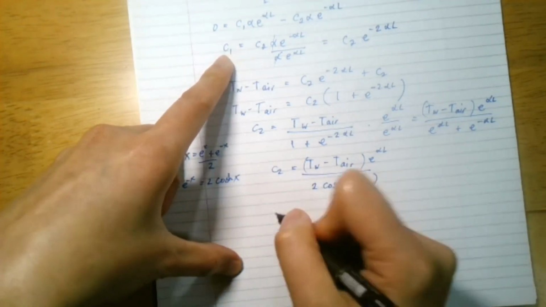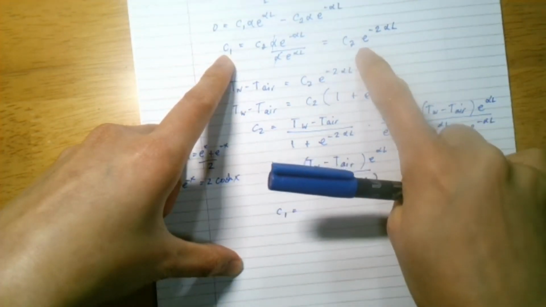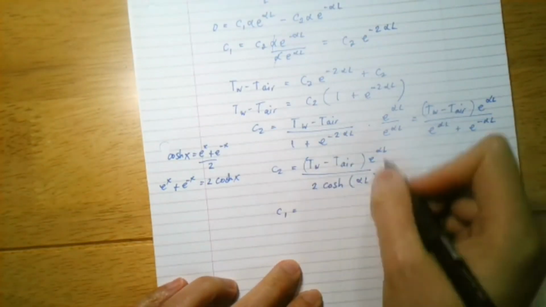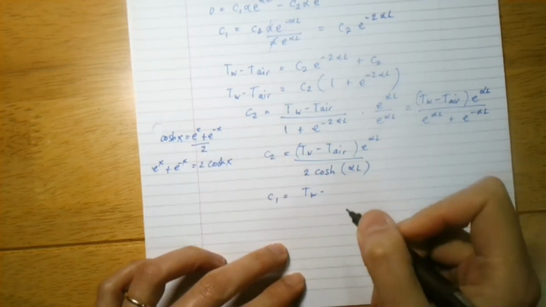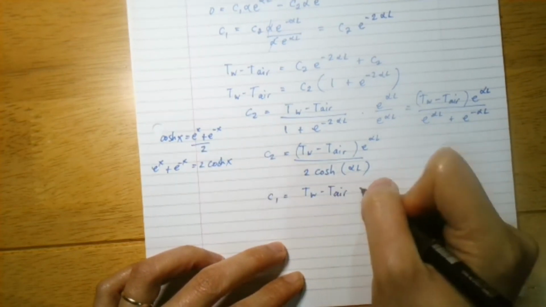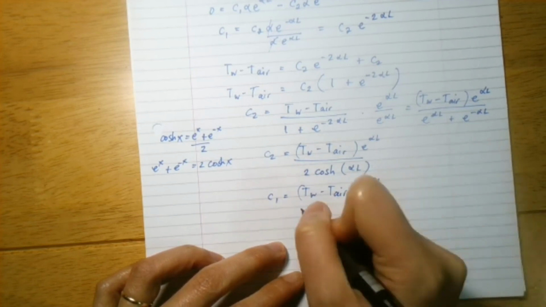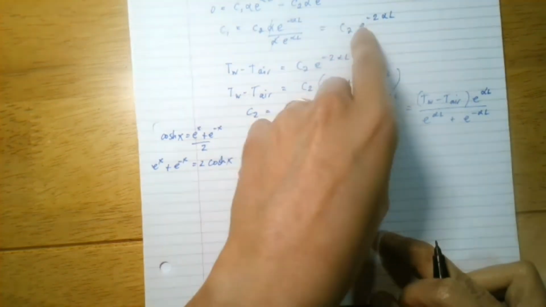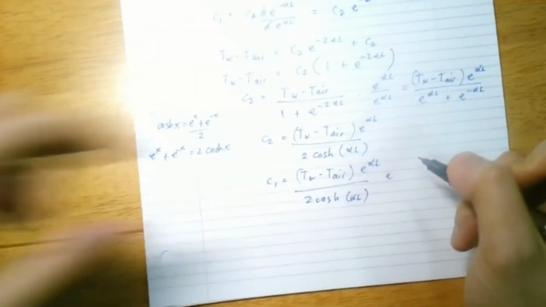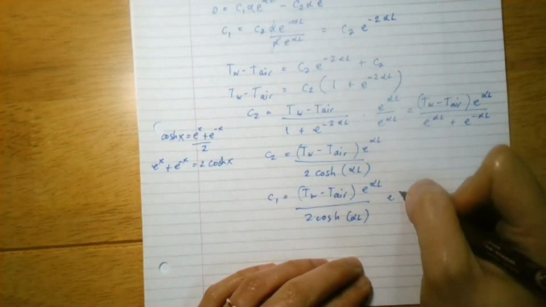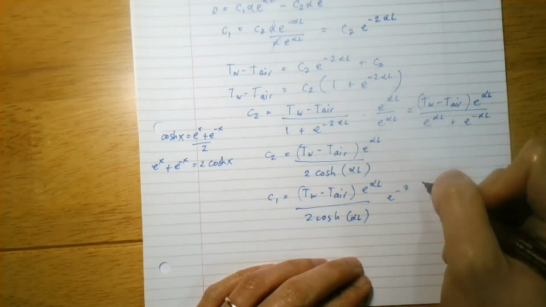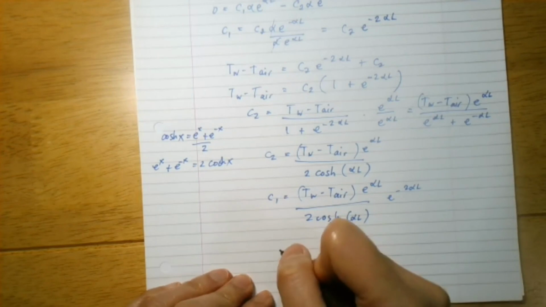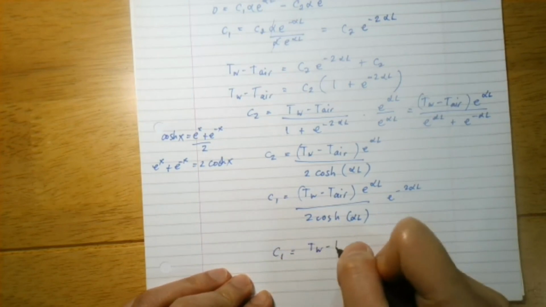C1 is equal to C2 times the exponential of negative 2 alpha L, and C2 is this, times e to the negative 2 alpha L. Therefore C1 is just TW minus T air.